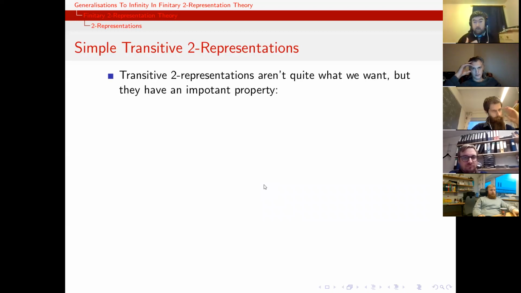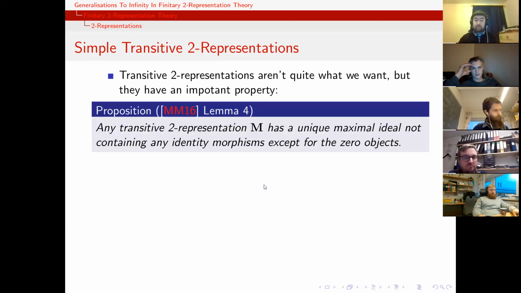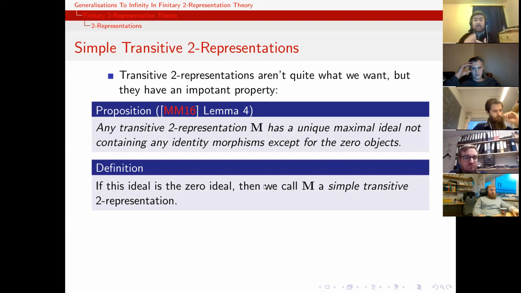Transitive two representations aren't quite what we want here, but they do have an important property. And this was proved by Walter and Vanessa in their 5th paper together on this subject. So any transitive two representation M has a unique maximal ideal that doesn't contain any identity morphisms except for possibly identity morphisms for zero objects. And when this ideal is the zero ideal, we call M a simple transitive two representation.